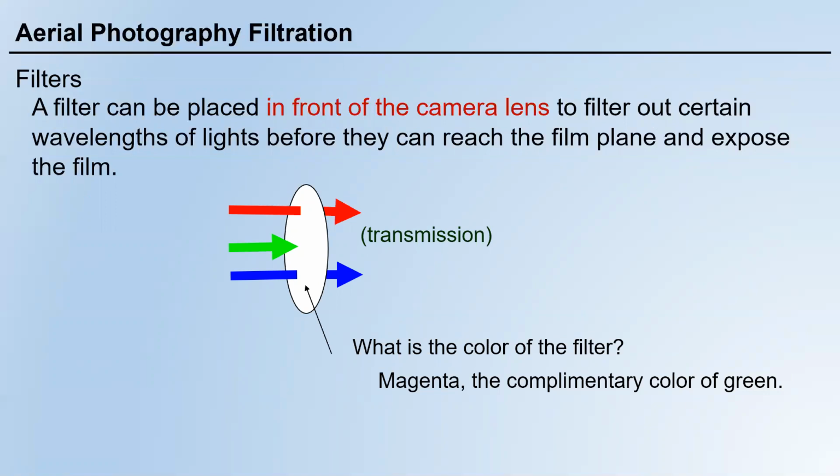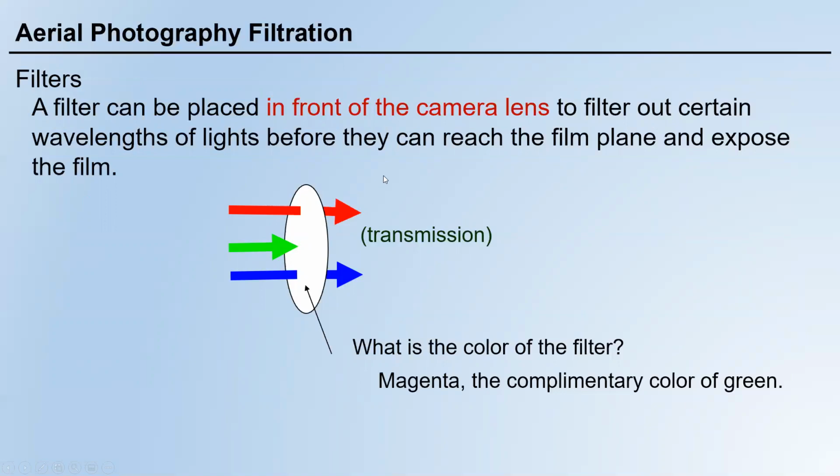We have three primary colors, RGB. If you don't want one or even two of them, obviously you should leave at least one of them, right? If you filter all of them out, you just block all of them. You don't even need a filter with a specific color. But when you want to filter out one of them, use a filter with the complementary color of that primary color. If you want to filter out green, you use a magenta filter.